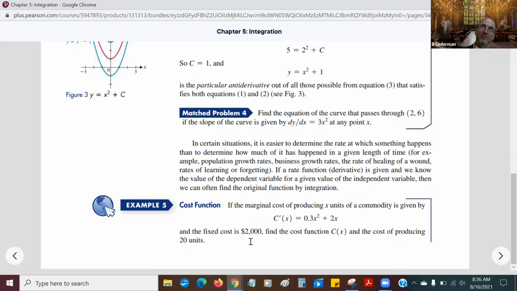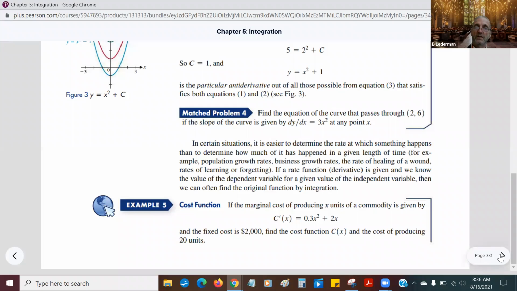Because whenever you have C of x equal to some function of x, if the fixed cost is 2,000, that means the cost function C of x is going to be something of x, x squared, x cubed, square root, whatever it is, and then plus 2,000. That's because the fixed cost is going to be there even if x equals 0 and everything disappears.